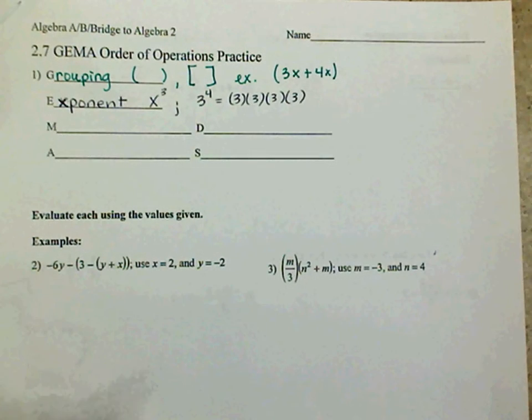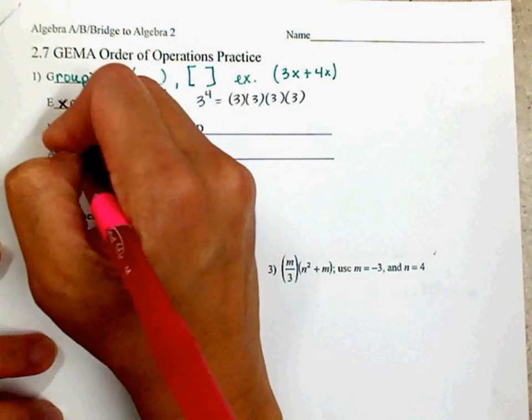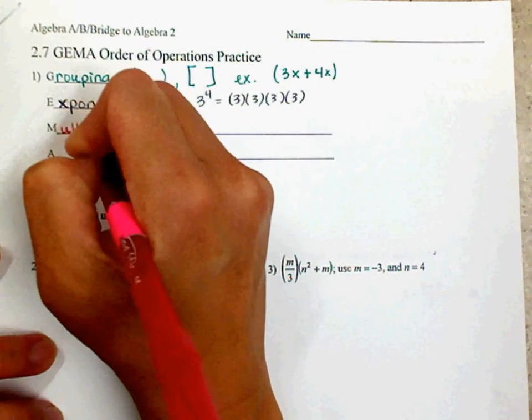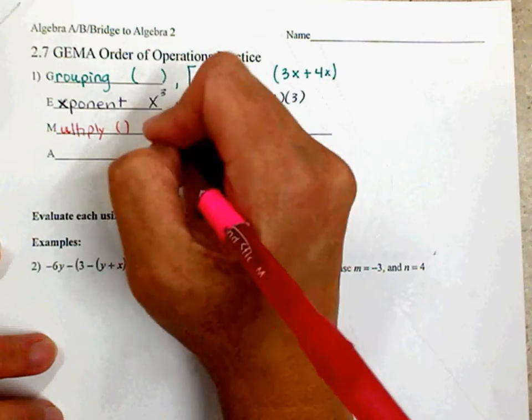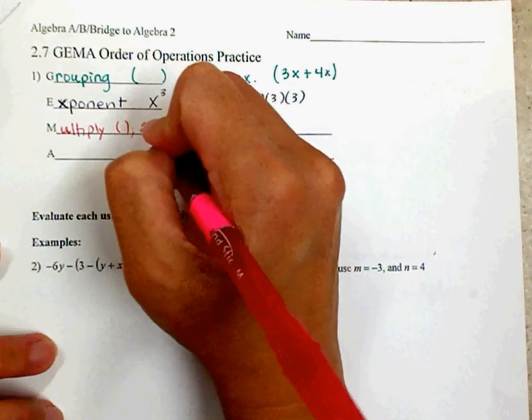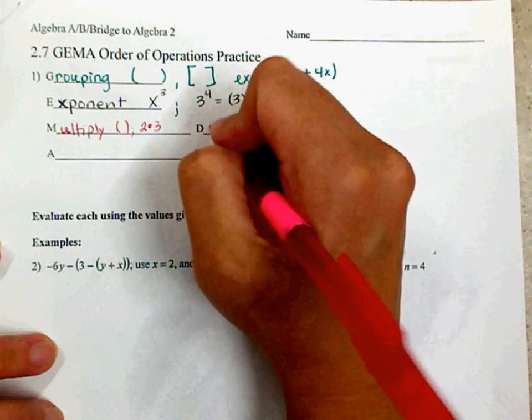Next is M, and this one you go left to right, izquierda to derecha. So this is multiply. And multiply, sometimes you see a parentheses, or you may see it like 2 times 3 like that, and that's the same thing. Okay? And the other one is divide.